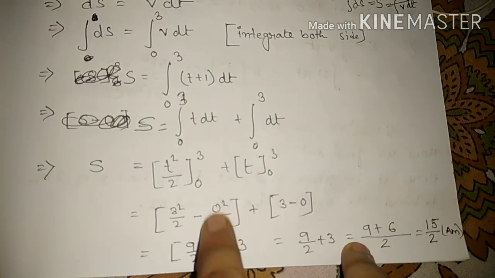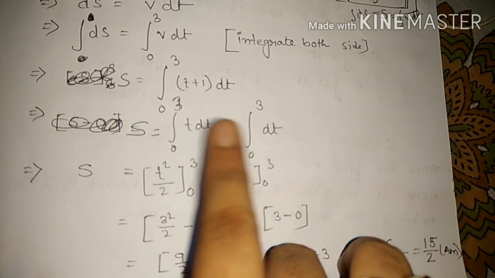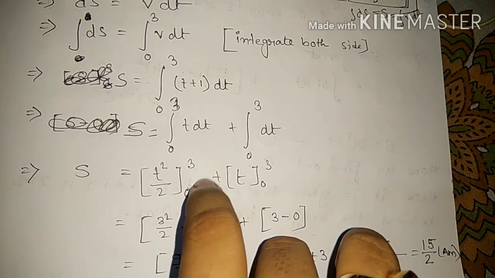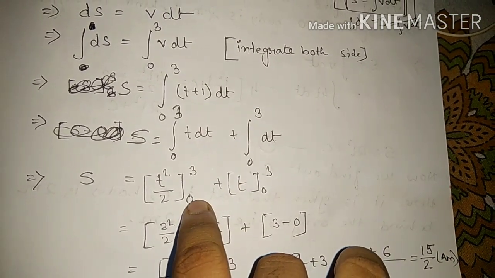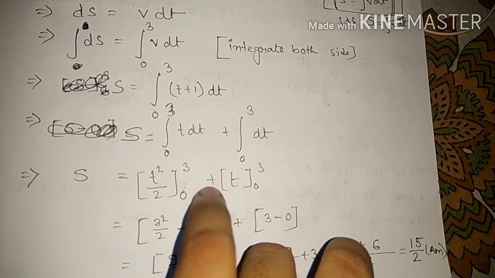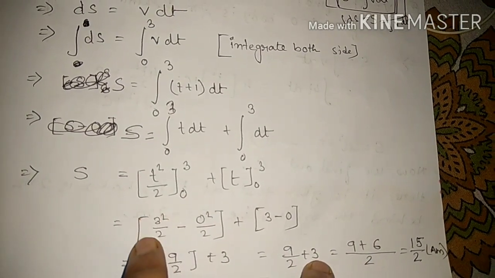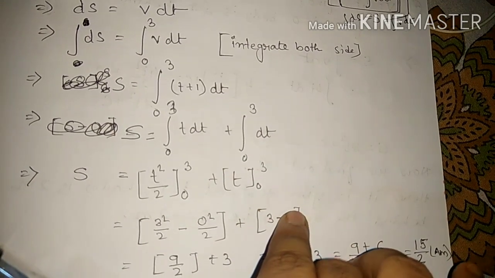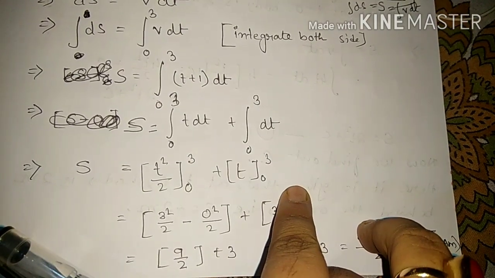After putting the values, as we already discussed in the last class, it is upper limit minus lower limit. In place of t, first we put 3, minus in place of t we put 0. So 3 square by 2 minus 0 square by 2 plus, in the same way here also, 3 minus 0, upper limit minus lower limit.